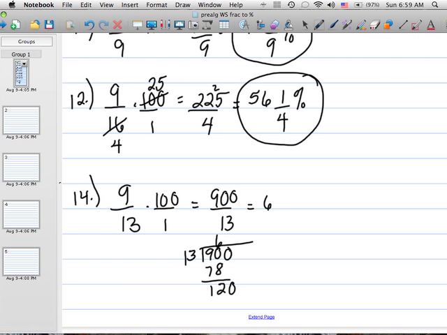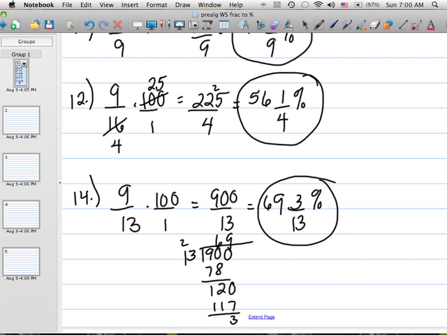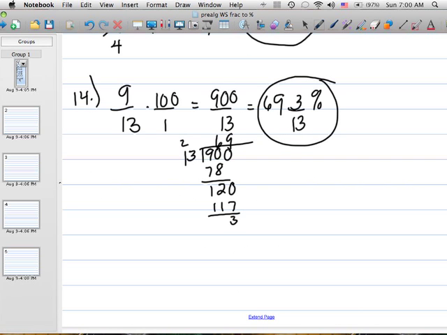Leaving me 12, and 13 goes into 120 9 times. It's 117 with 3 left over. So it's 69 3/13%. So sometimes it might be easier to do the division a long way.